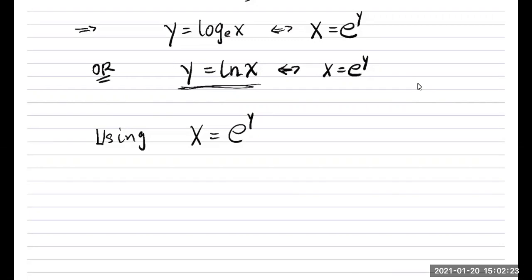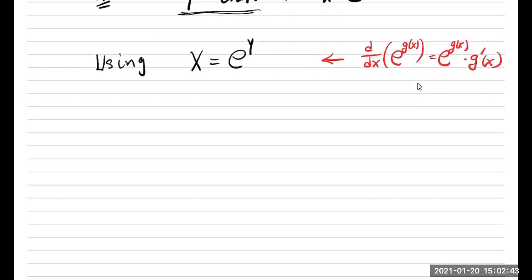I'll use a different color. The derivative of e raised to a function is equal to itself times the derivative of its exponent. Okay, now we want to take the derivative of both sides of this equation.